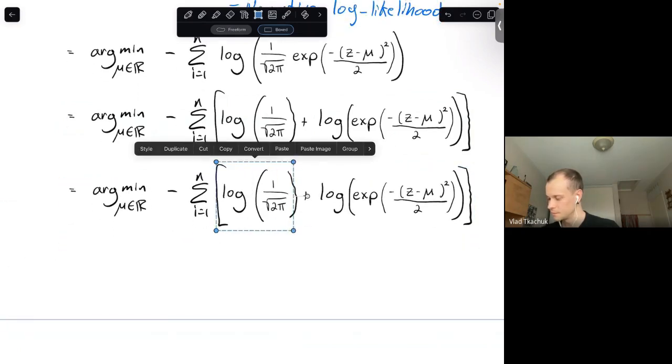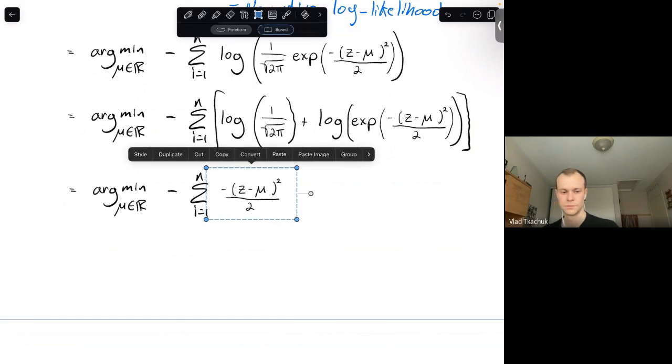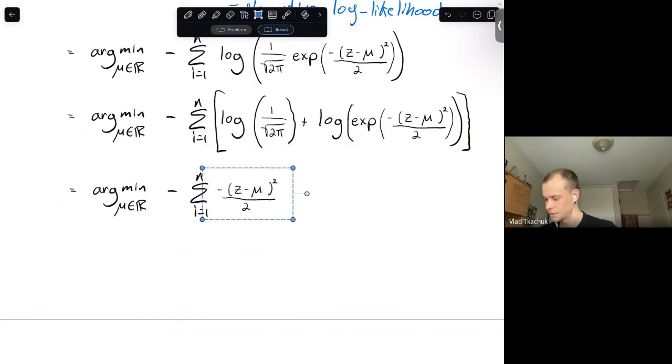Don't need that anymore. And we don't need the log. We don't need the e to the power of things. And we do need the minus. And so we get to here, right? And then the minuses cancel out. So I also remove that. And so we get a very nice looking expression, right?